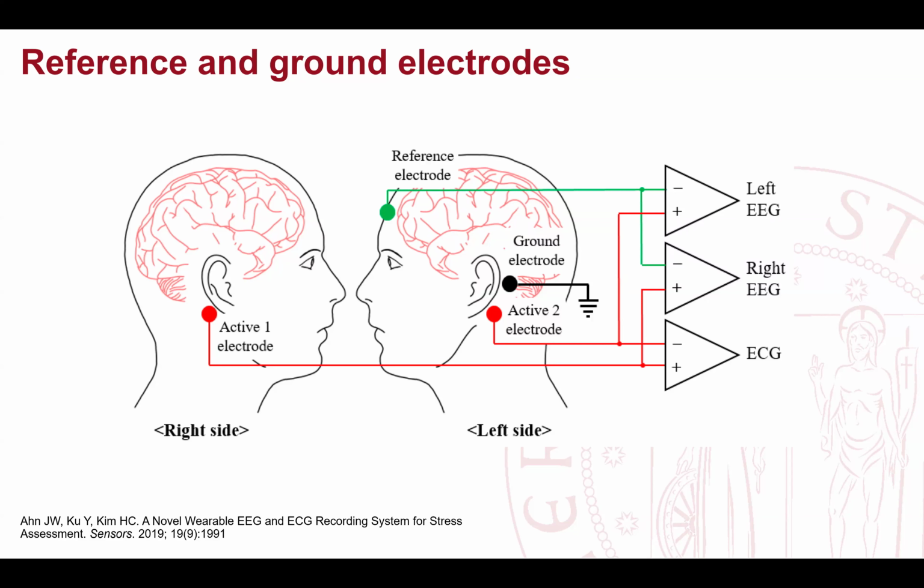So from a practical perspective, how do you record the EEG? Normally you have some electrodes on the scalp, and you record not the activity of that electrode itself, but the relative activity of this electrode with respect to another electrode or a set of electrodes, called reference electrodes. These reference electrodes, we'll see better later, are basically your zero level, where you expect there is no brain activity.